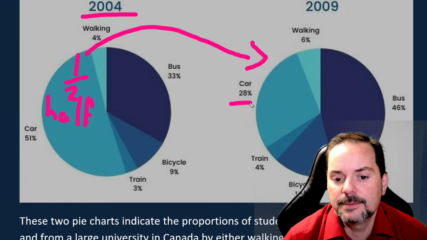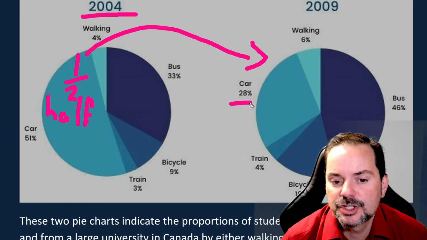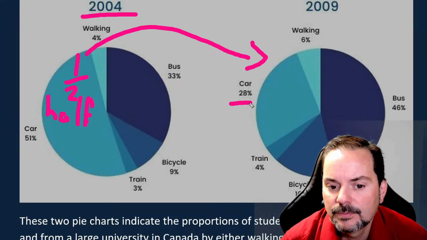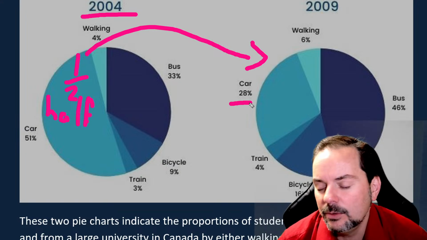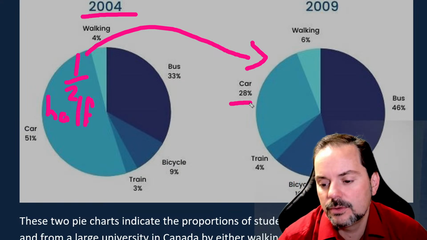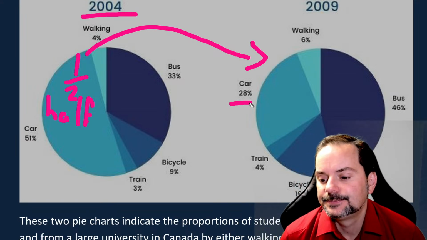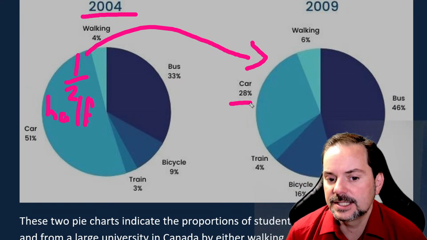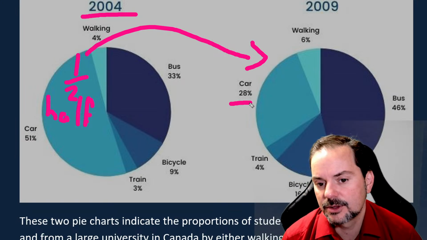So here we have 28%. So that changed to how much? 28%. Anahita says it's a third. I would disagree with you on that, Anahita, especially if I'm emphasizing the change. Ghazi says it's a third too. I don't think so. I don't think I would report 28% as a third.